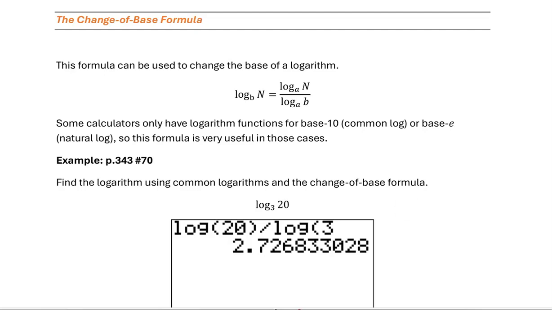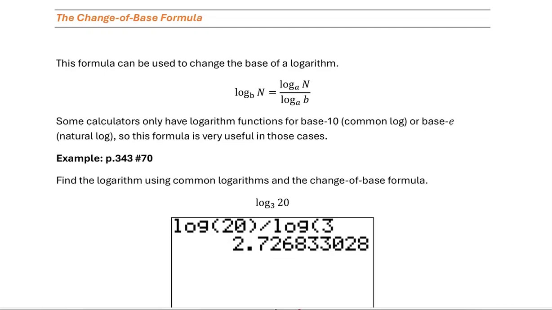Change of base. This formula can be used to change the base of a logarithm. As I explained here, some calculators only have logarithmic functions for base 10, the common log, which is just the log button, or base e, the natural log, which was the ln button, log with natural base.